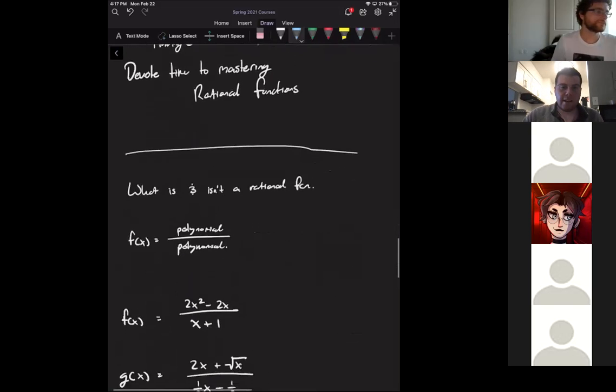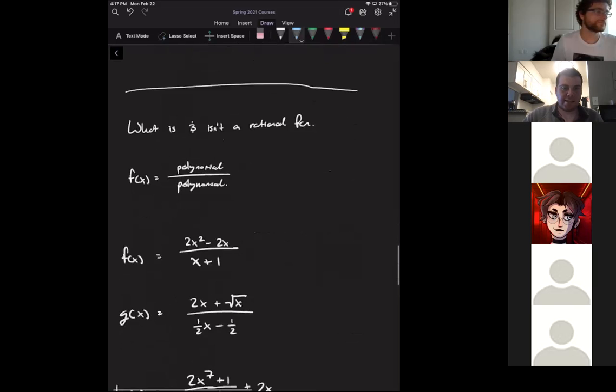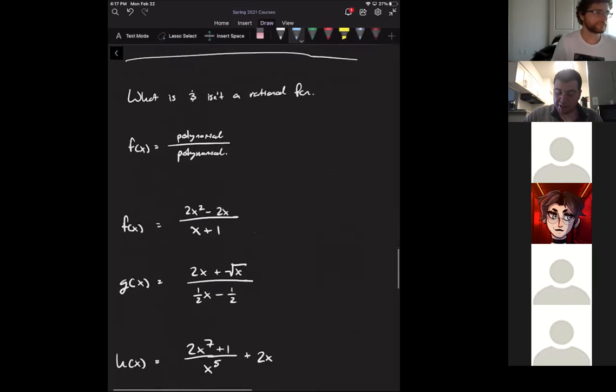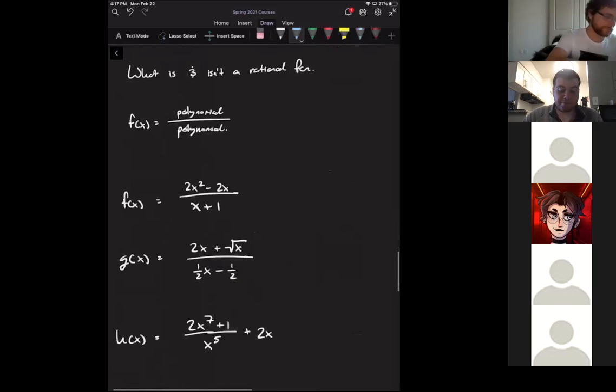All right, so let's jump into what is and isn't a rational function. A rational function is a function that looks like a polynomial divided by a polynomial. So this first one, this f of x, is this a rational function? Yes or no?